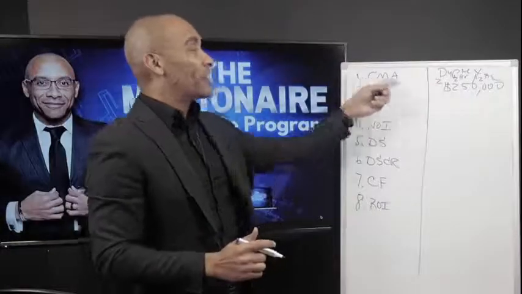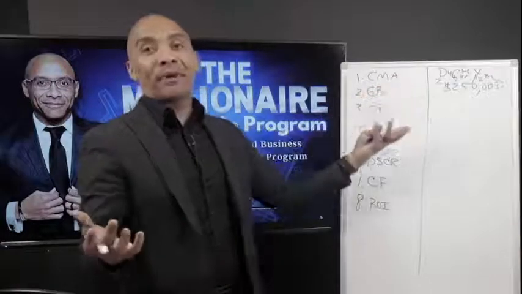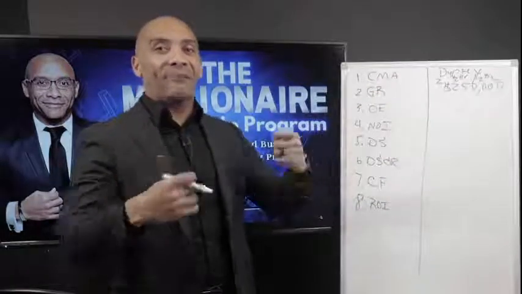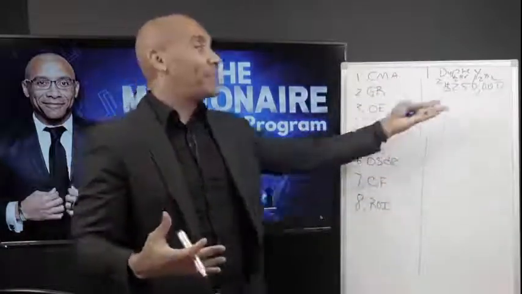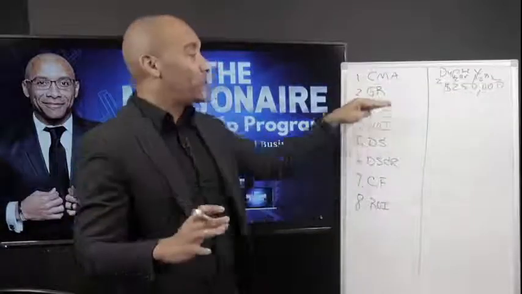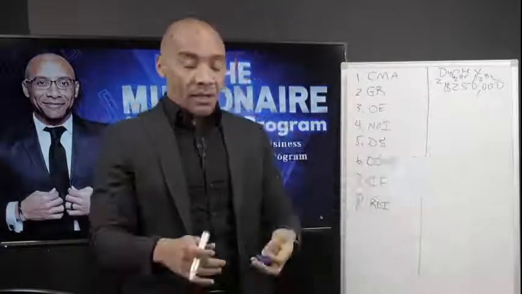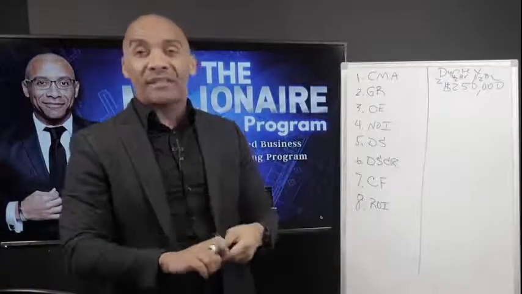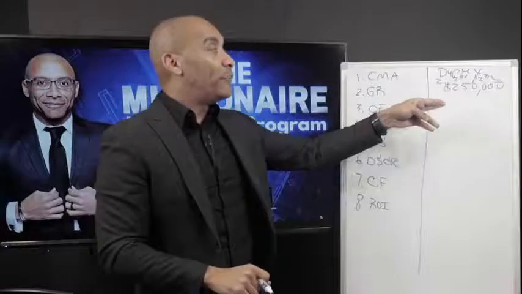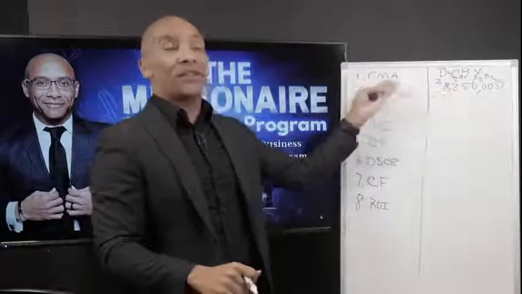And so the first thing you're going to look at is the comparative market analysis. It may not mean a lot because it may not be a big deal for the 250, because you may find other components that help you see the potential opportunity in this investment deal, but you at least want to know what the comparatives are.